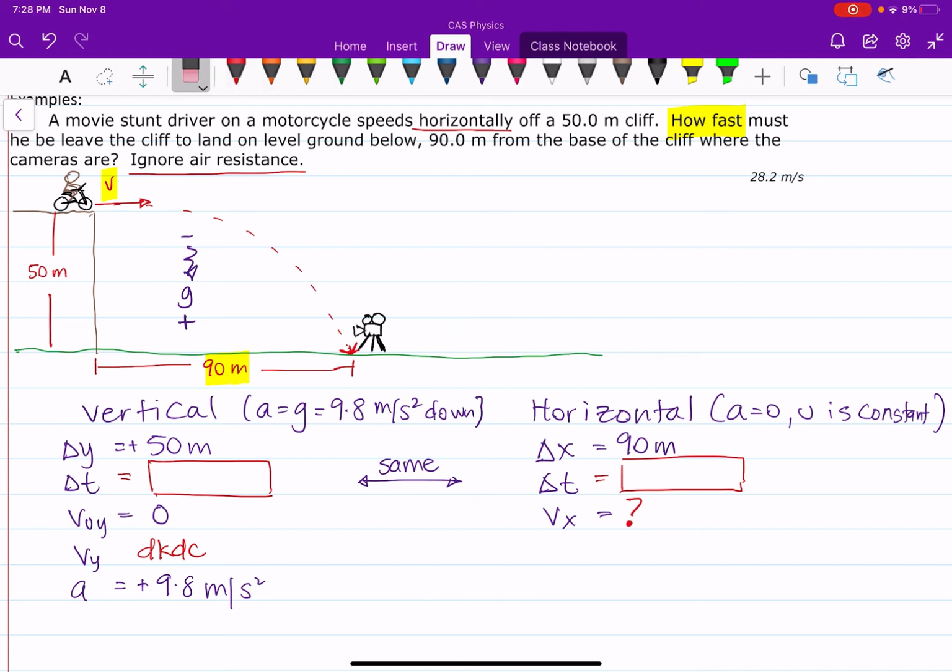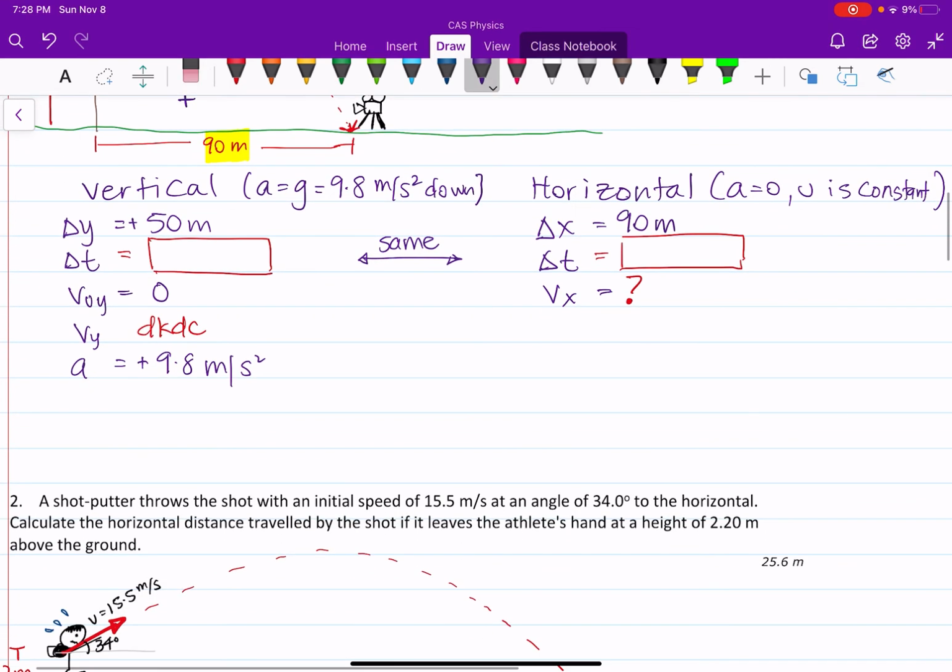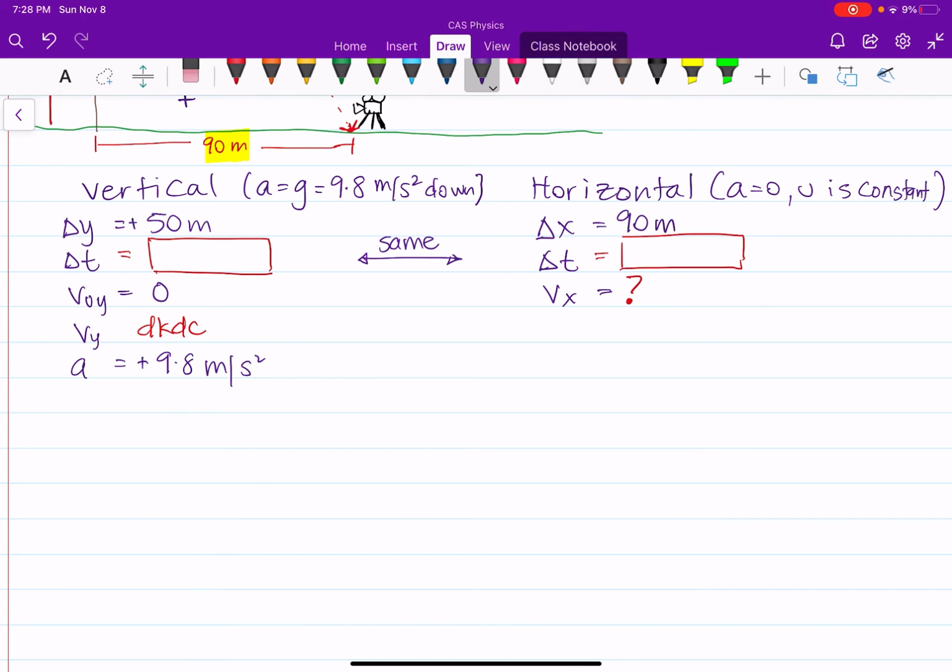So we're going to solve that out. What we have is, my don't know, don't care is vy. So we're going to use delta y equals v naught delta t plus 1/2 a delta t squared. All this goes to 0 because v naught is 0. So then rearranging this to solve for delta t, I get delta t equals the square root of 2 delta y over a.